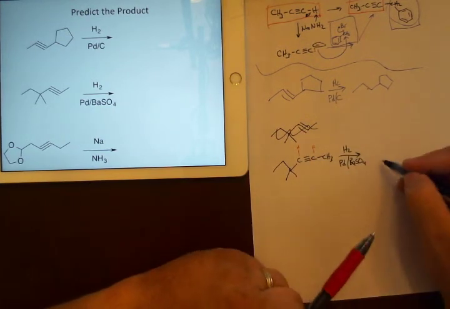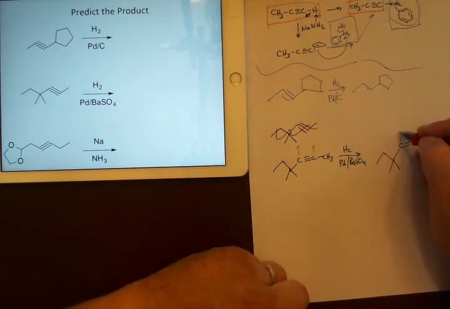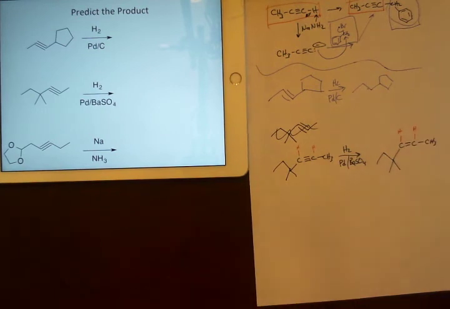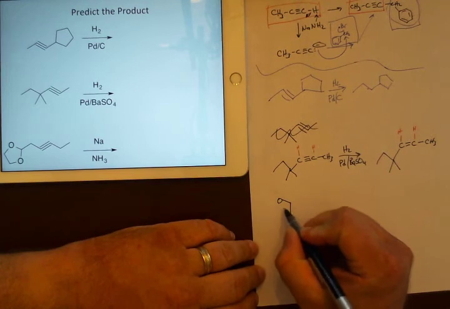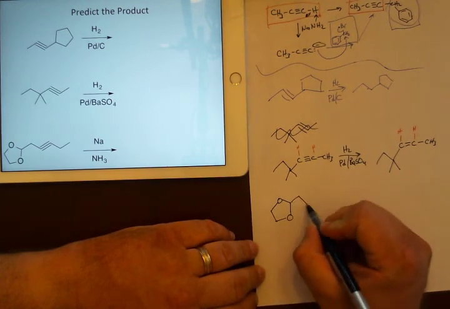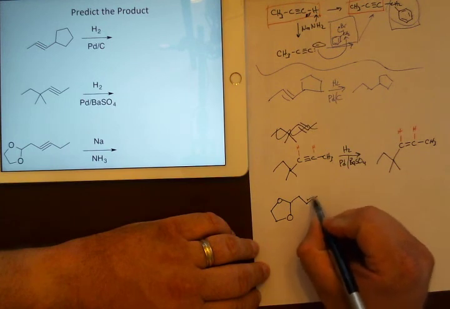So you end up with one hydrogen here, one hydrogen here. Okay. So if you're going to do this reaction, ooh, let me draw that.